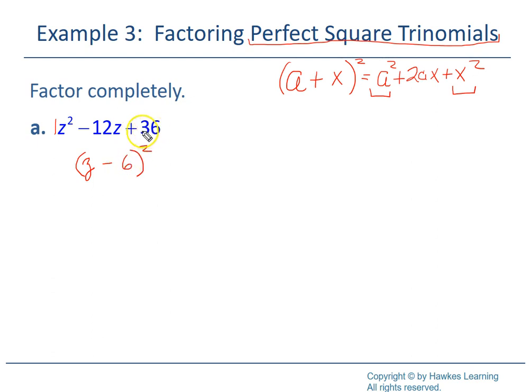That is, you take the square root of that. And then you look at these two terms, multiply them together, a negative 6z, and then double it, negative 12z. This meets the criteria of a perfect square trinomial. So that's what this is.